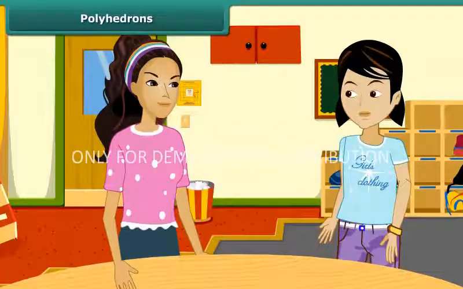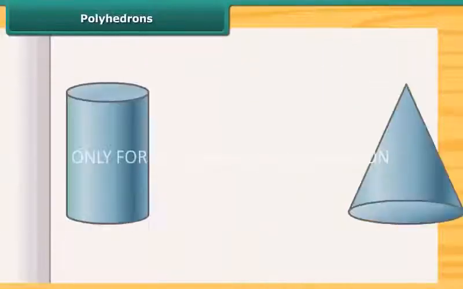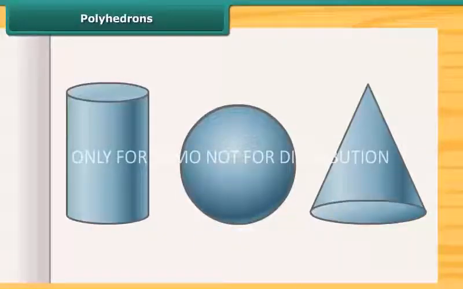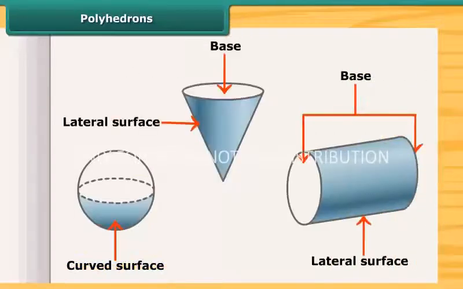No. Those solids are called polyhedrons. These all solids are polyhedrons. Are these objects polyhedrons? No, these are not polyhedrons. You are right. These are not polyhedrons because they do not have flat faces.